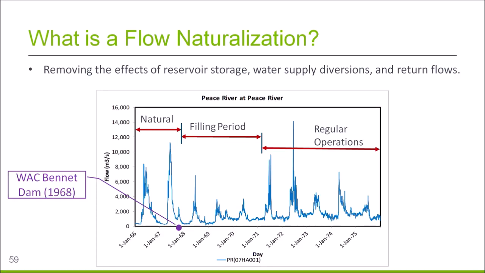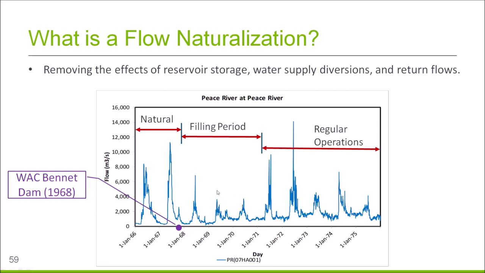Now let's start with what flow naturalization is. As you can see from this slide, this is an example of the Peace River, at a station in Alberta. You see the hydrograph from 1966 until 68, so this is the natural hydrograph. Now in 1968 in BC, the W.A.C. Bennett Dam was constructed, and when you construct a dam, you start filling the reservoir.